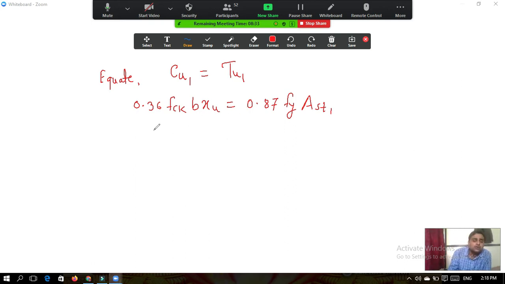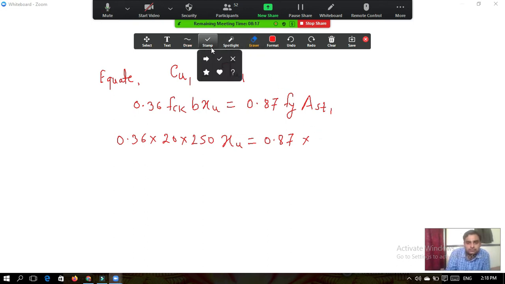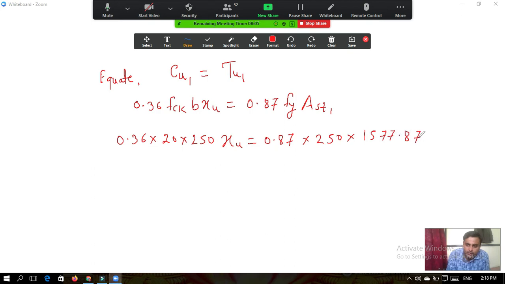Okay. So now here we will write 0.36, FCK is 20, B is 250, XU is as it is, which is equal to 0.87 into FY, sorry, it is not 415, it is 250, into AST1. किती आलं होतं AST1? 1577, I think so. 1577.87 काहीतरी.